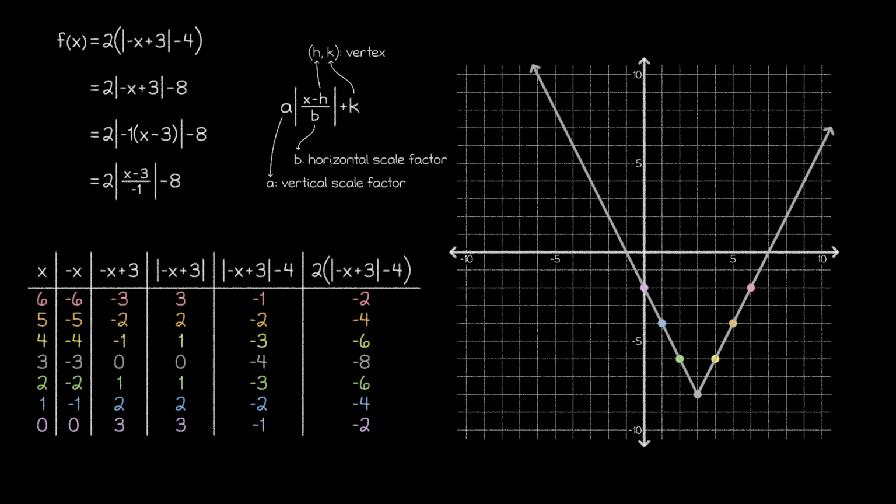From here, you can see the -3 and the -8, which correspond with the graph moving right 3 and down by 8. You can also see that the graph was stretched vertically by a scale factor of 2. And if you look at the colors of the key points, you might notice that the graph was also reflected horizontally due to the division by -1.